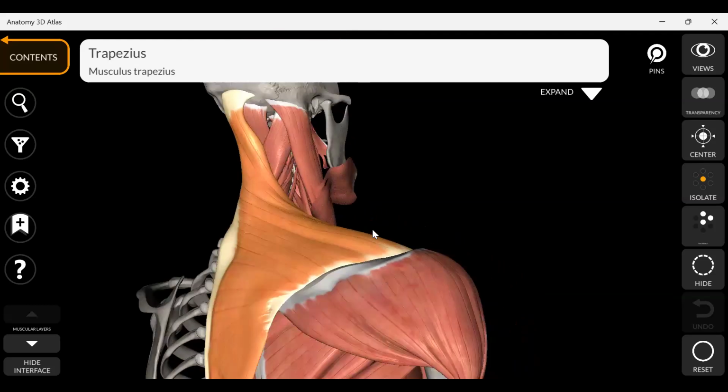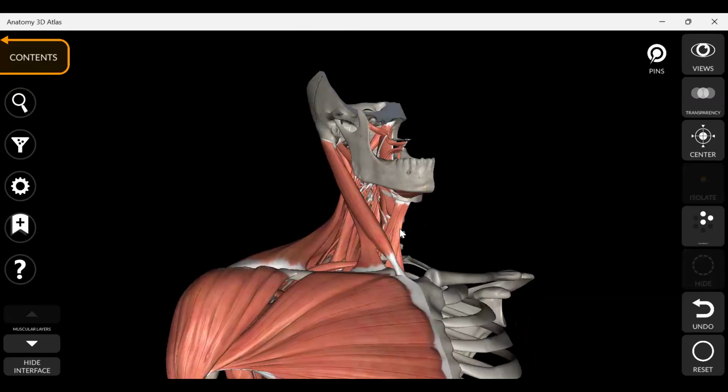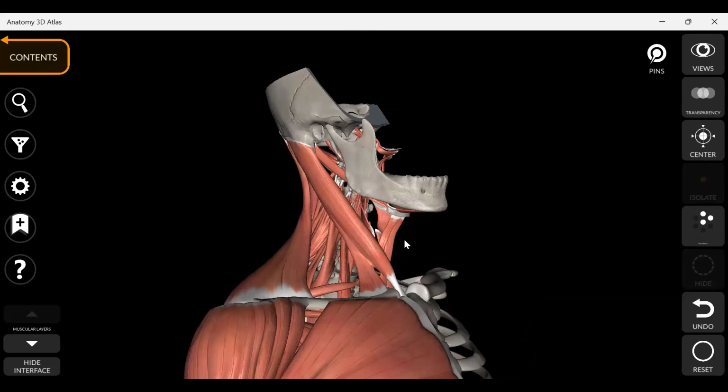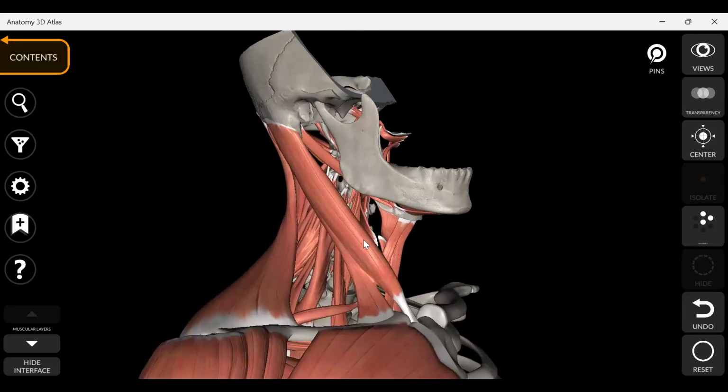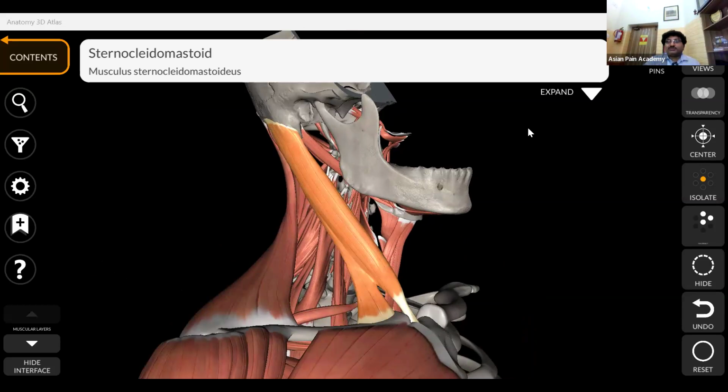Now coming to the anterior side, we have a sheet-like muscle, the platysma. That is not that important a muscle. Then we have the big muscle, the sternocleidomastoid.